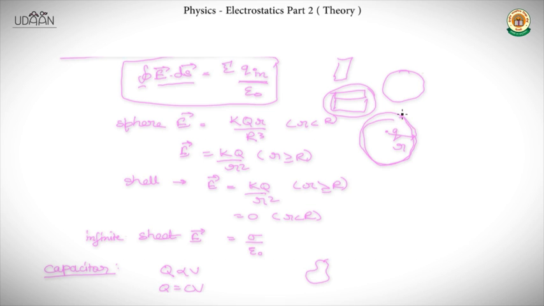And at every point, area and E are parallel, so E dot A is EA. So E into 4 pi r square is equal to charge enclosed, Q by epsilon naught. From this we can prove E is equal to 1 by 4 pi epsilon naught Q by r square, which is actually another form of Coulomb's law.